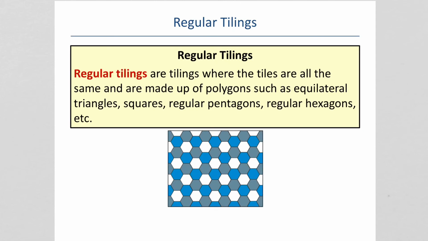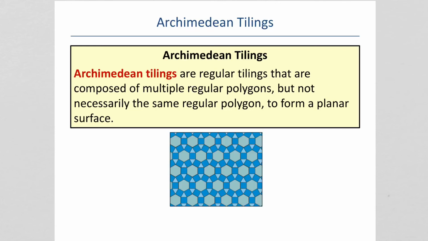Regular tilings are tilings where the tiles are all the same and are made up of polygons such as equilateral triangles, squares, regular pentagons, or regular hexagons, etc. Archimedean tilings are regular tilings that are composed of multiple regular polygons.